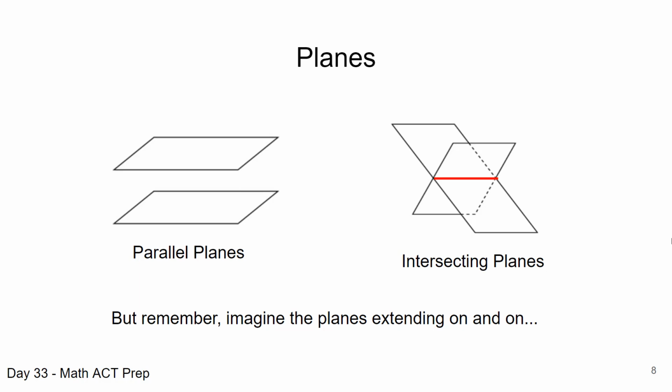You can see from this red line that planes intersect and form lines. Again, remembering that these images extend on, that's also why we talk about the intersection as a line. It's not a line segment because that is going on in both directions. So we have to do some visualization in our mind, but we have these images here that help us get to that point about planes.